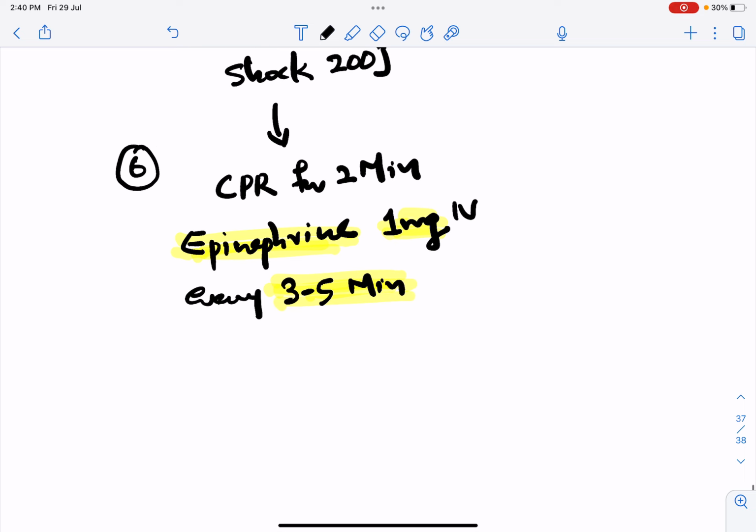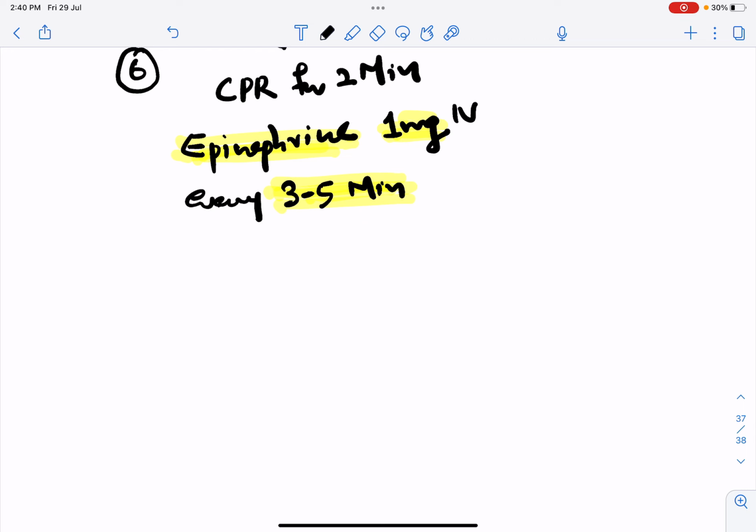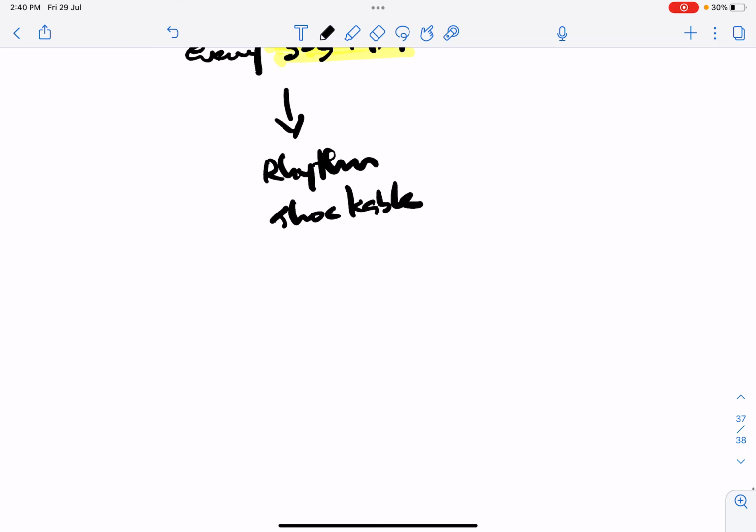Okay, again after 2 minutes we have to stop the CPR, look for the pulse. There is no pulse. Then look to the monitor for the rhythm. Again, we are getting a shockable rhythm. Assume we check the rhythm and yes, it is a shockable rhythm.